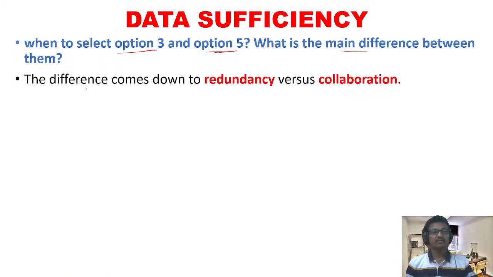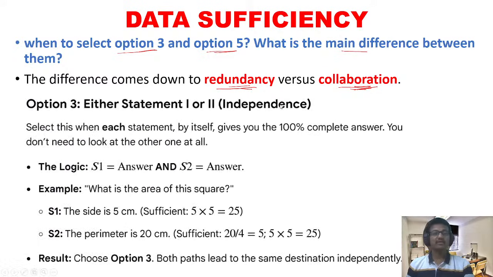Here the difference comes down to redundancy versus collaboration. If 1 and 2 both provide the answer, then it is redundancy. If 1 and 2 together provide the answer, then it is collaboration. Got it? So let us see here. Option 3: either statement 1 or statement 2 independently.